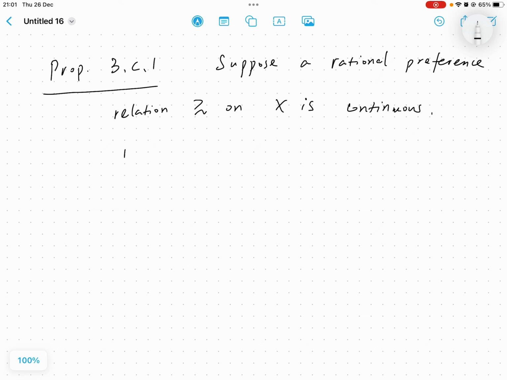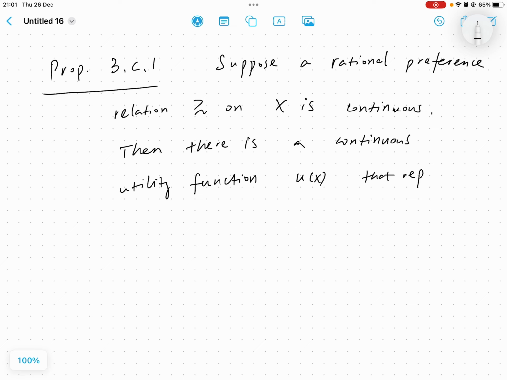Then the result is that we can always find a continuous utility function u(x) that represents this preference relation.